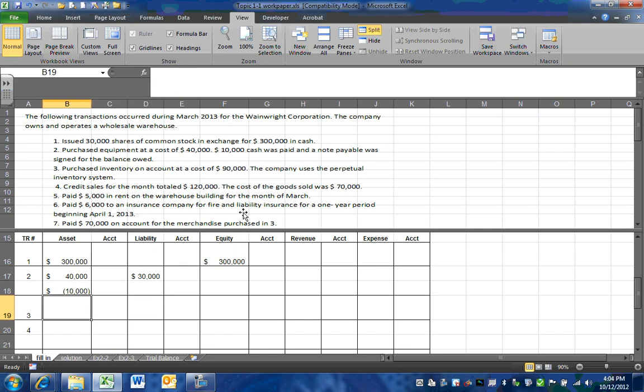Right, next we purchased some inventory that we plan on selling. The inventory had a cost of $90,000. So at this point, when we have not sold it, it is not an expense yet. Instead, this $90,000 forms our merchandise inventory, and inventory is an asset.